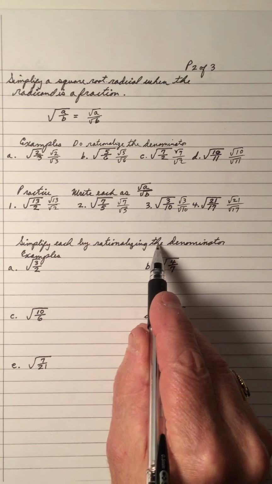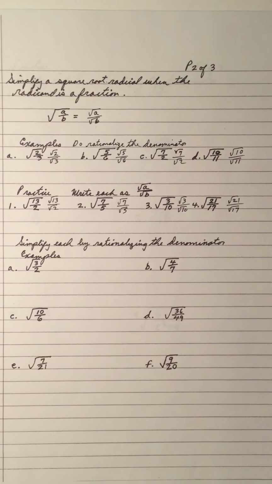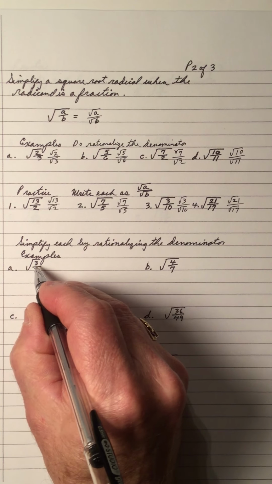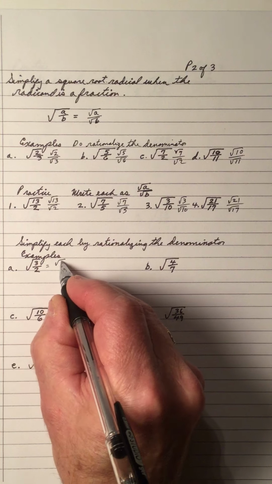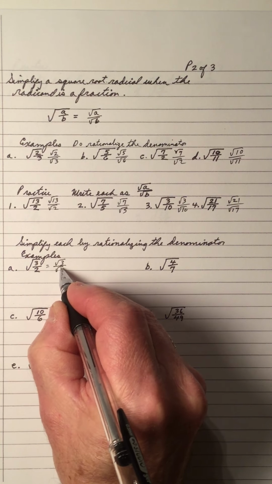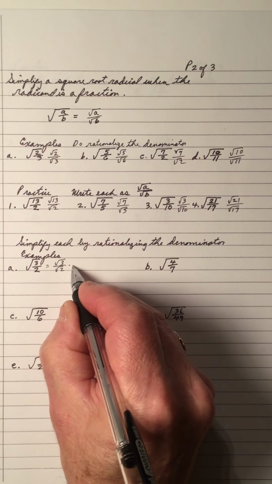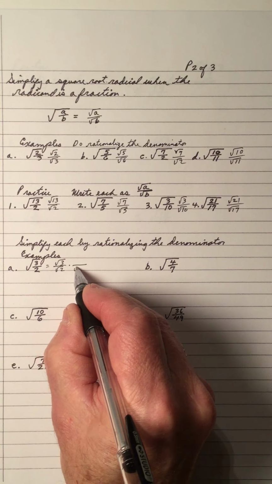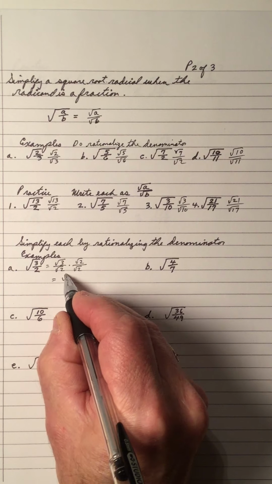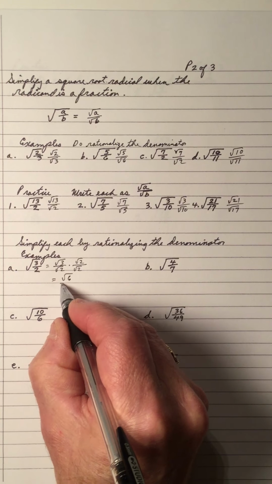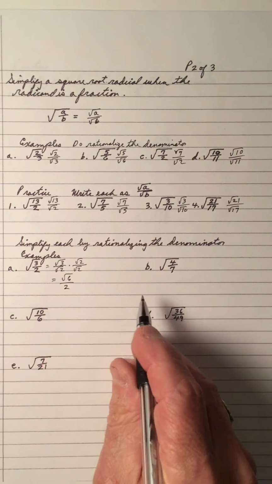Simplify each by rationalizing the denominator. So this one, the root of 3 over 2, becomes the root of 3 divided by the root of 2. Now, to rationalize, we have to multiply by root 2 on top and bottom. That gives us the root of 6, and root 2 times root 2 is 2.